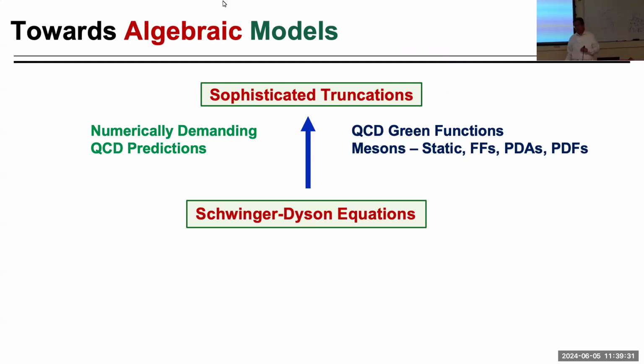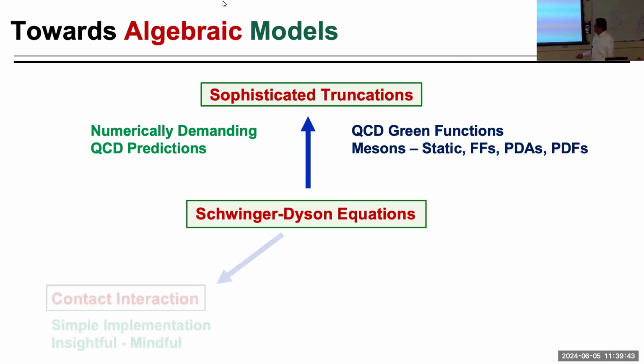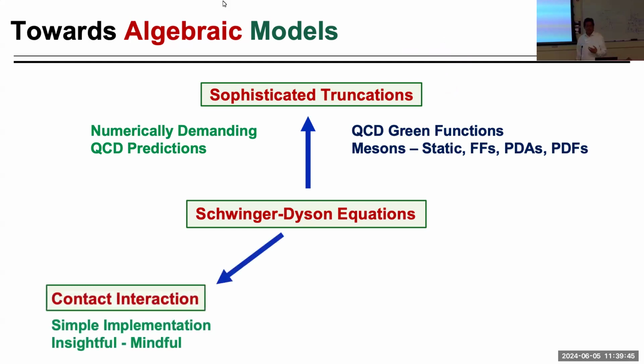Then there is another limit of what you can do. What you can do is a complete brute-force approximation, which only looks at the infrared properties of QCD and nothing else. That is something like a contact interaction model or a Nambu–Jona-Lasinio model, in which you only look at a constant mass which is created in the infrared, which doesn't run with the momentum scale.